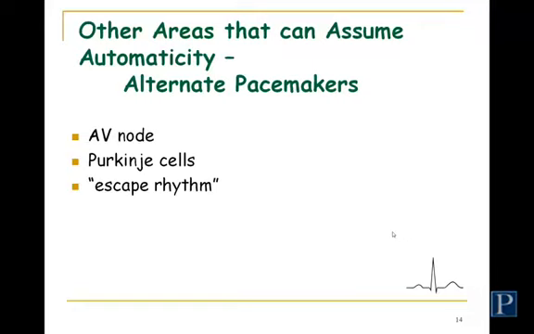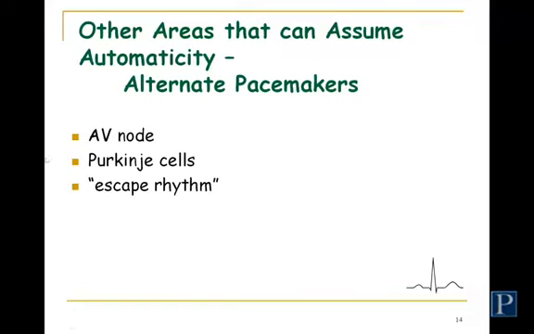The SA node will fire again before the AV node or the Purkinje fibers could reach their threshold to generate their own electrical impulse, or their self-excitation. The SA node depolarizes at a much faster rate compared to the other two. So these guys are stimulated to discharge before they would even be able to discharge on their own. So normally the SA node is the dominant one. This sets the basic pace or rhythm of the heart.